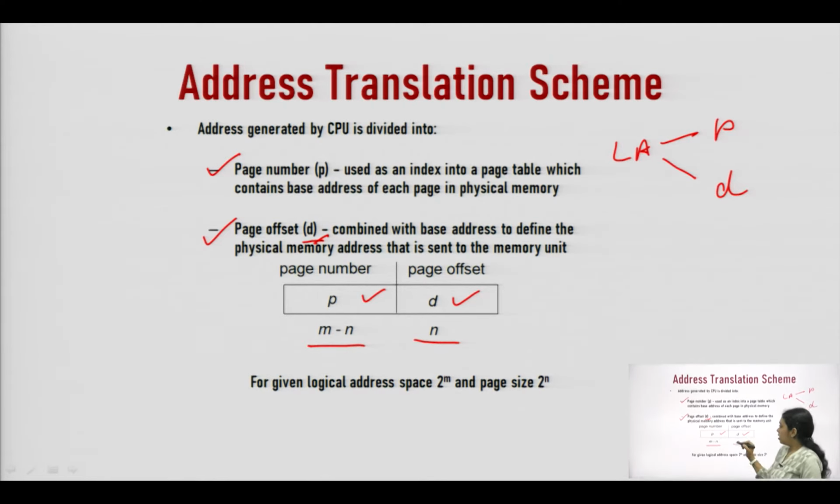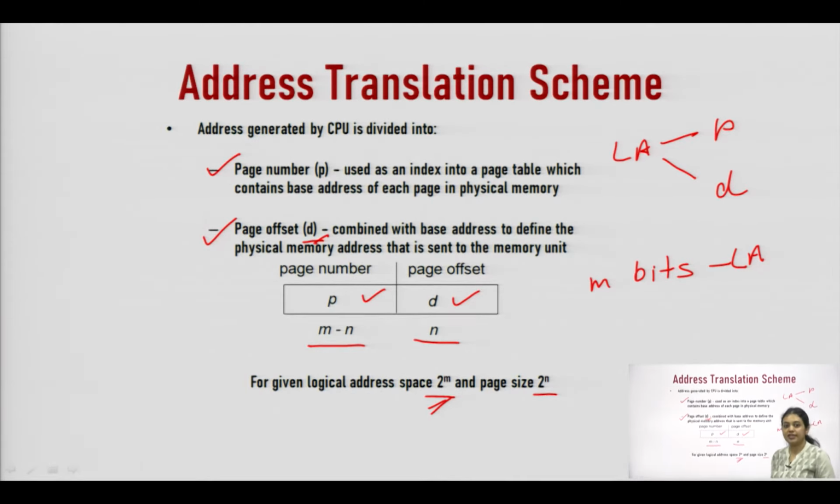Now, let us say we have a logical address space of 2 raised to power m and the page size is 2 raised to power n. The total number of bits required for the logical address is m, because if we have 2 raised to power m size, then the number of bits required is m.